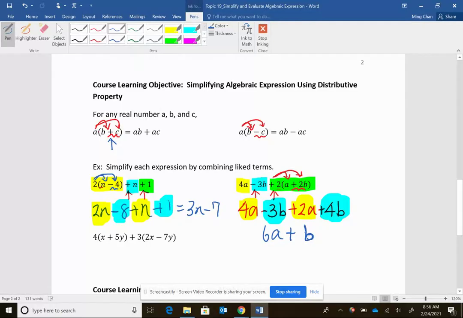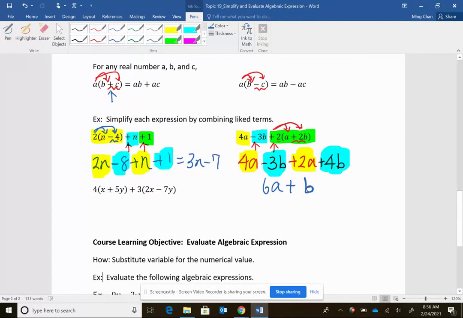So you can just say 6a plus b, or if you want, you can say 6a plus 1b. You can write the 1 right here. I don't care, I'm totally cool with it. Some teachers don't like students to write the 1. Not me. You can write the 1b, or you can just write the b. It's the same to me.